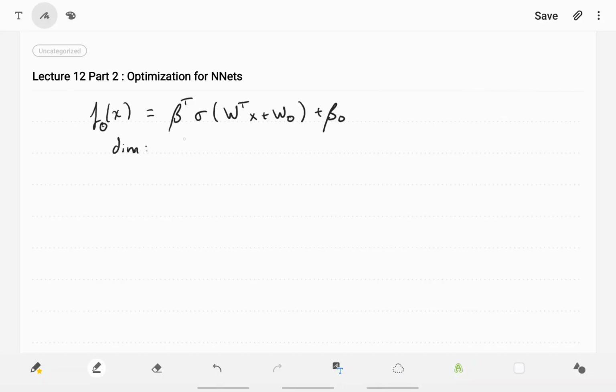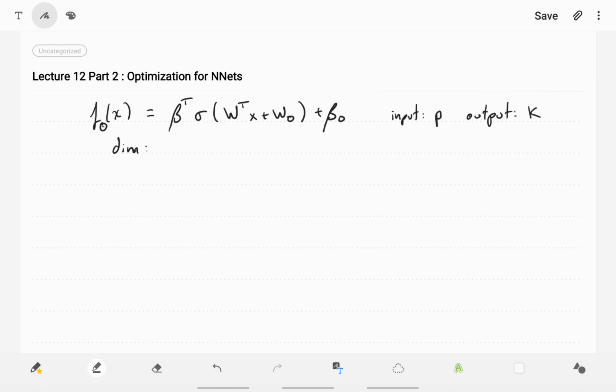In general, these are going to be tensors, but most of these are vectors and matrices. So whatever our output space is, our input space has dimension p and outputs, perhaps there are k of them.